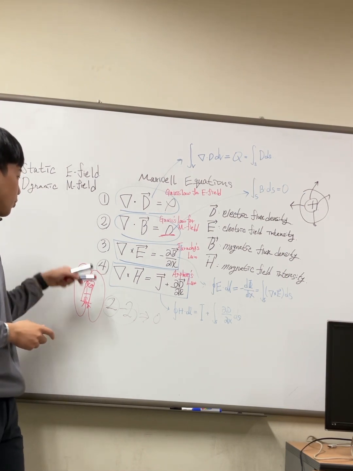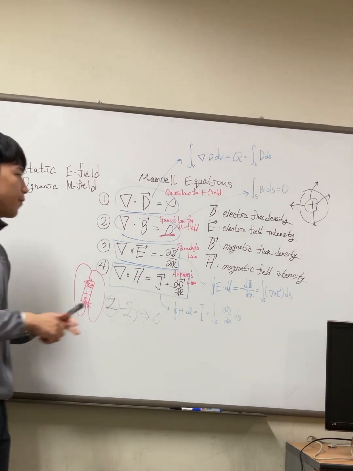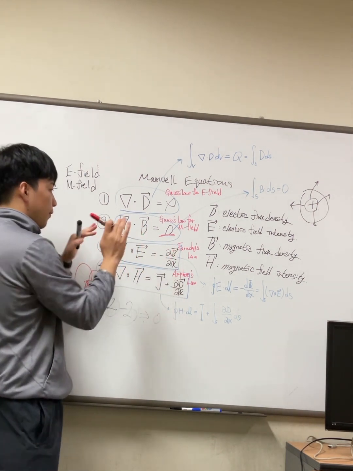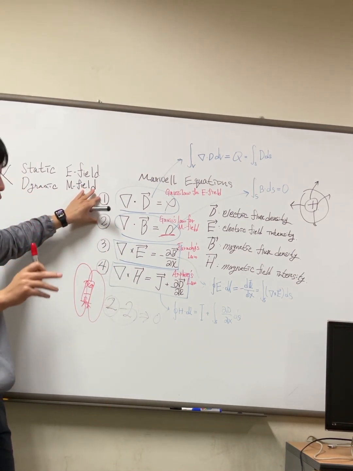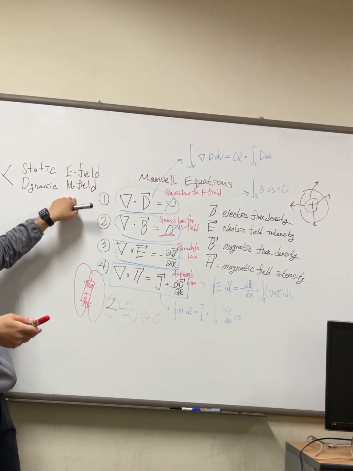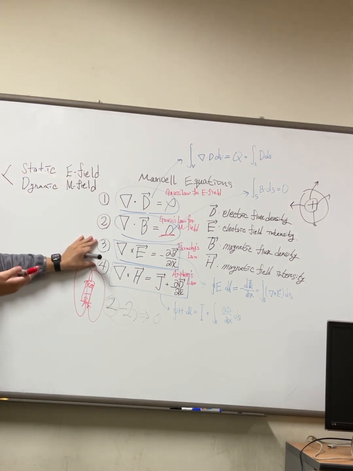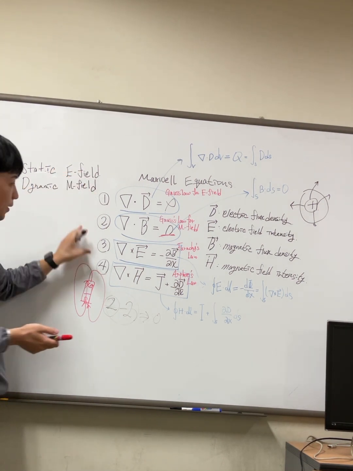Then I will talk about equations number 3 and number 4. Equations 1 and 2 are related to static electric field and magnetic field, and equations 3 and 4 are related to dynamic electric field and magnetic field.